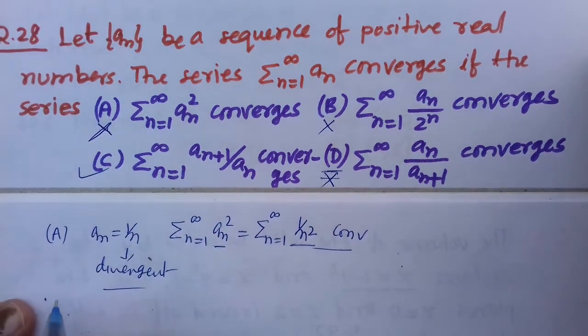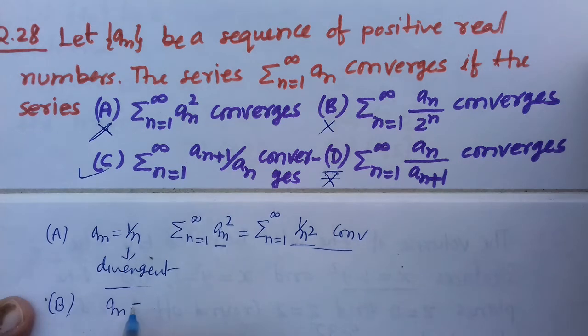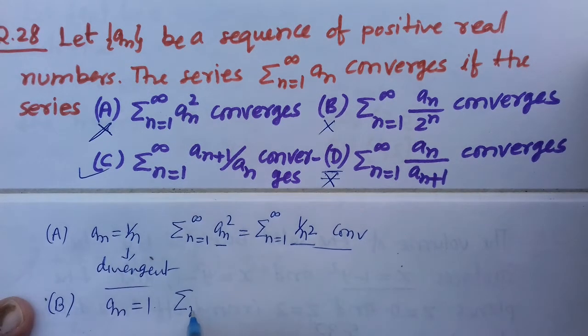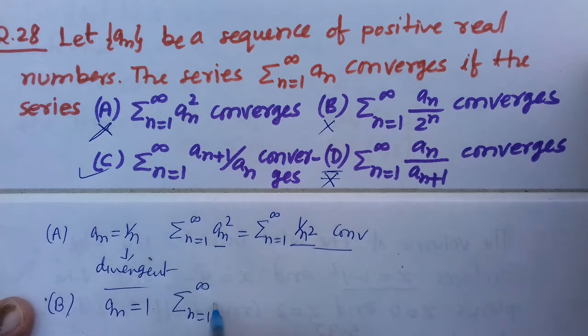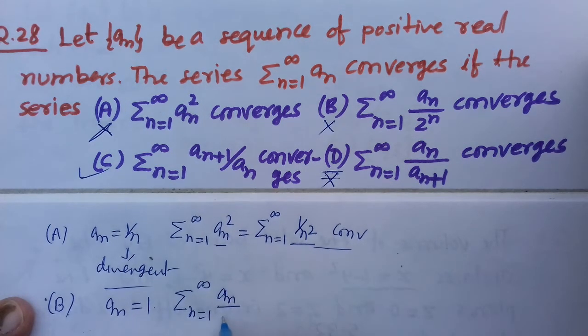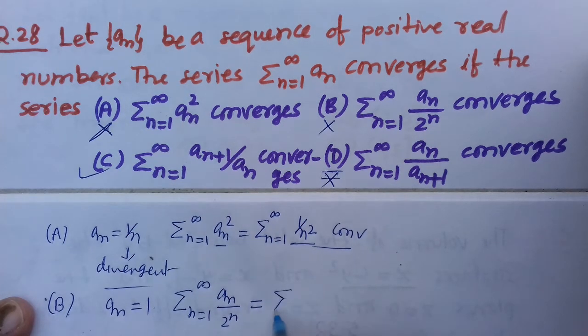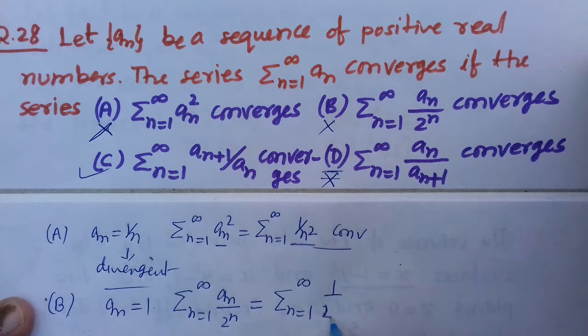Now B. For B, we take a_n equals 1. So the sum from n equals 1 to infinity of a_n by 2 to the power n will be the sum of 1 by 2 to the power n.